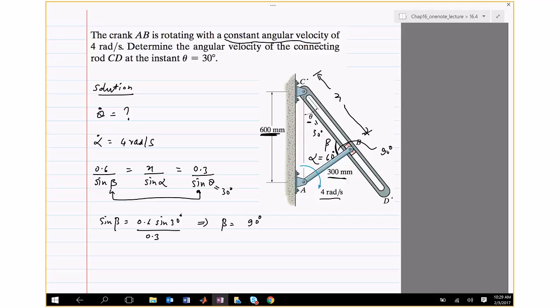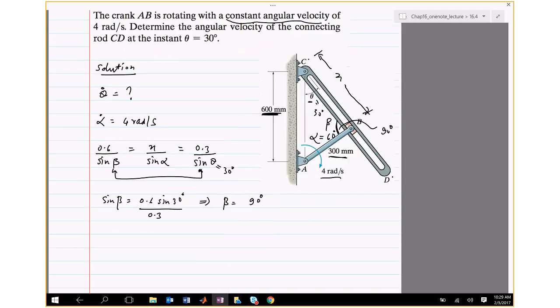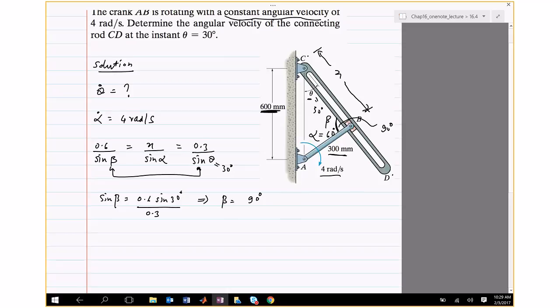Things like alpha, beta, and what else? 0.6 and 0.3. So what can I do? Can't you still use the sine rule to get x? Okay, I can get x. But my biggest concern is that if I get x, then when I take the derivative, I'll have x dot.